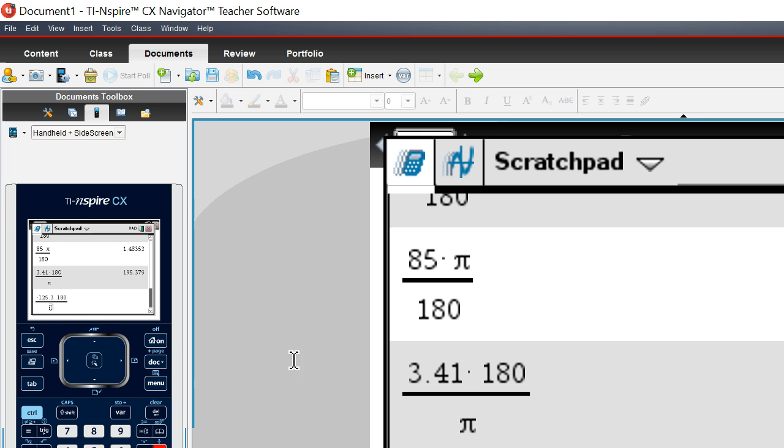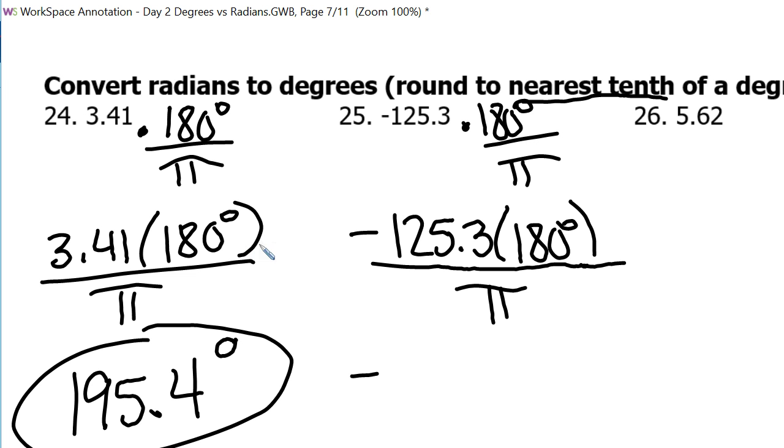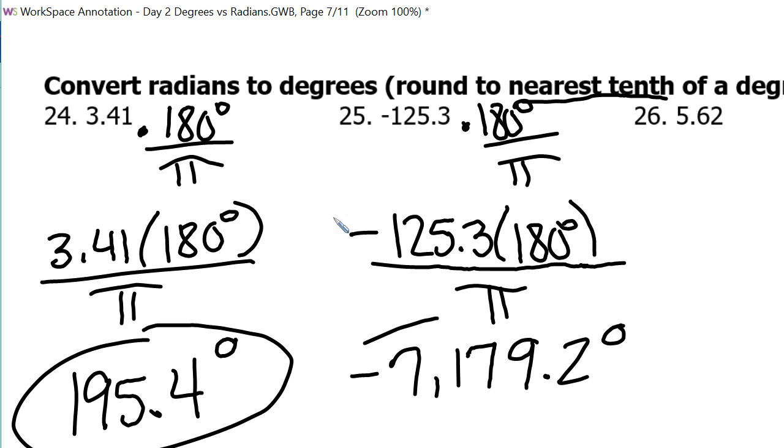And again, make sure you use the pi button. Don't use 3.14. And rounding that to the nearest tenth, it would be negative 7,179.2 degrees. And don't forget that degree symbol.